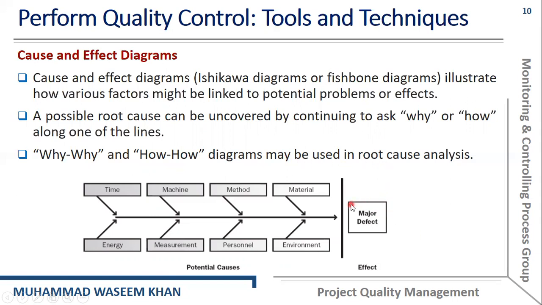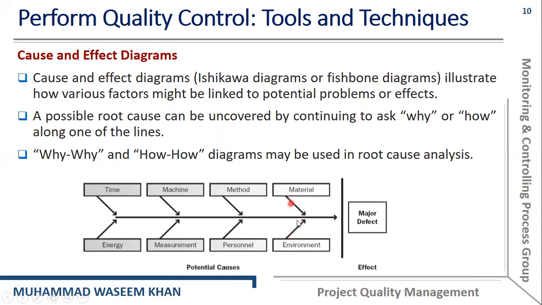So this is the fishbone diagram, and it resembles the skeleton of a fish. This is the head of the fish, and we need to write the major defect or problem in the head of the fish. Then we need to draw a straight line and then draw the branches of that straight line, which we call the basic bones.